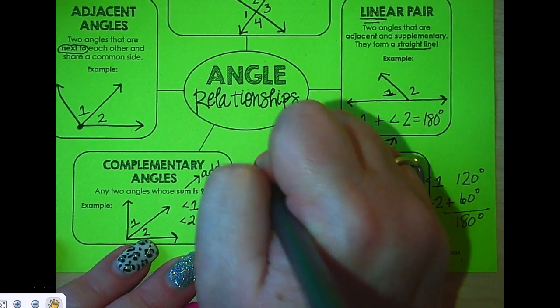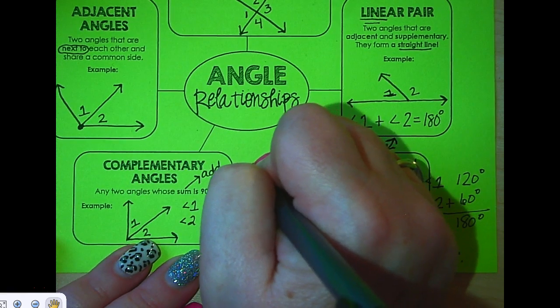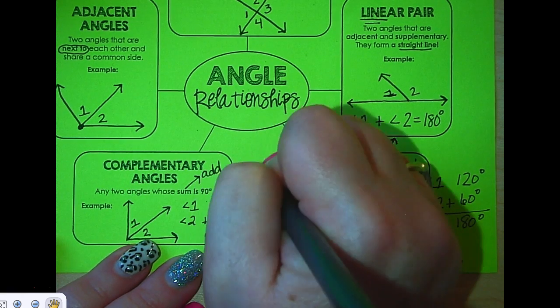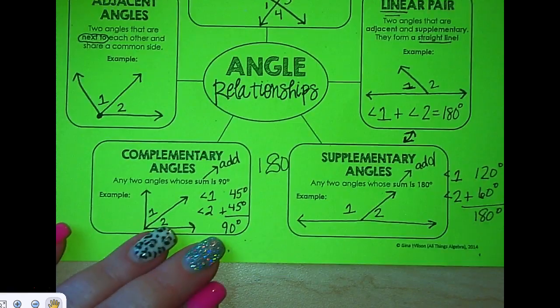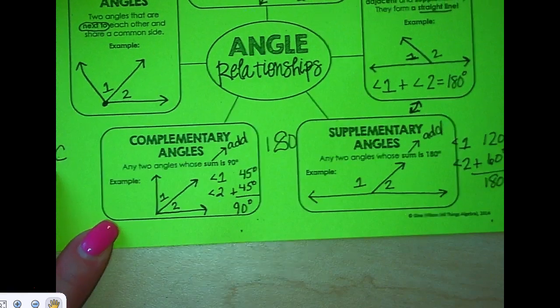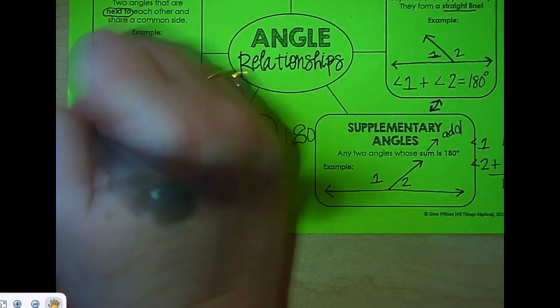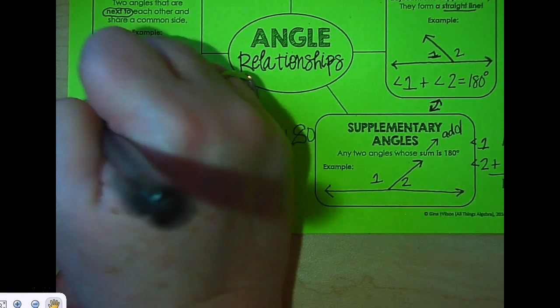So the S in supplementary, if I do this right here, it's 180. And the C in complementary, if I add this little dotted line right here, it becomes a 9 for 90 degrees.